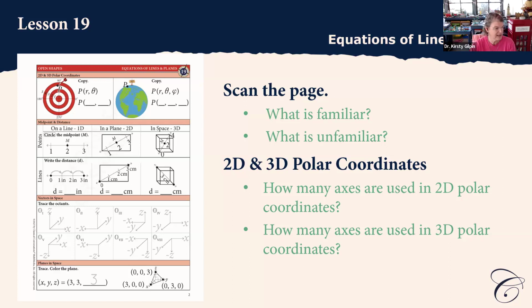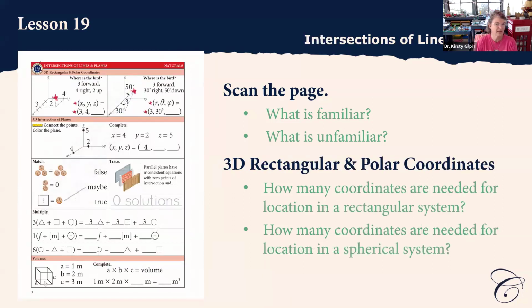All right, let's look at page 3. And our title of our page is Intersections of Lines and Planes. And just a reminder that our titling is designed to point us to where we're going. And so sometimes you may go, well, where does that show up on this page?